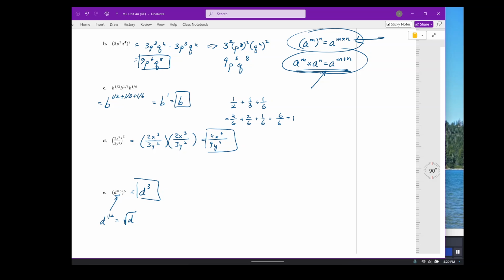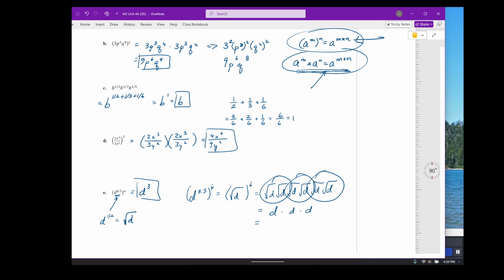So if you think of d to the 0.5 to the 6th as root d to the 6th, well, then you can think of it as root d, root d, root d, root d, root d, root d. There's a pair here, and a pair here. That's d times another d times another d. That's d cubed. Right? So you could get it a couple different ways.